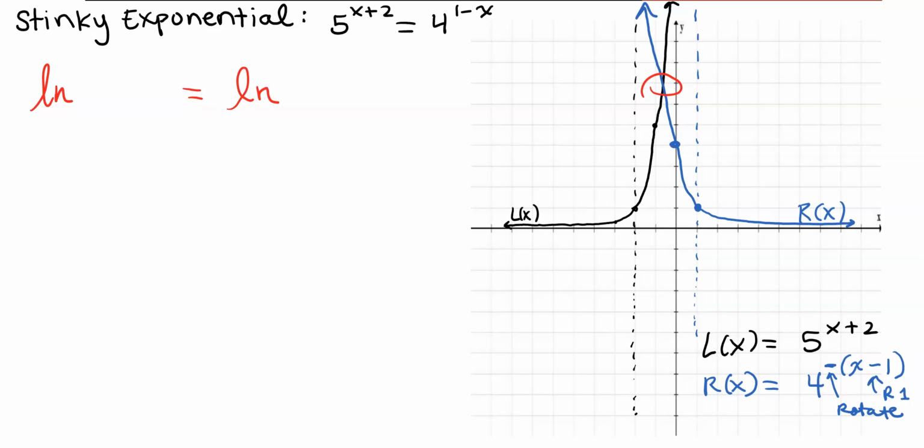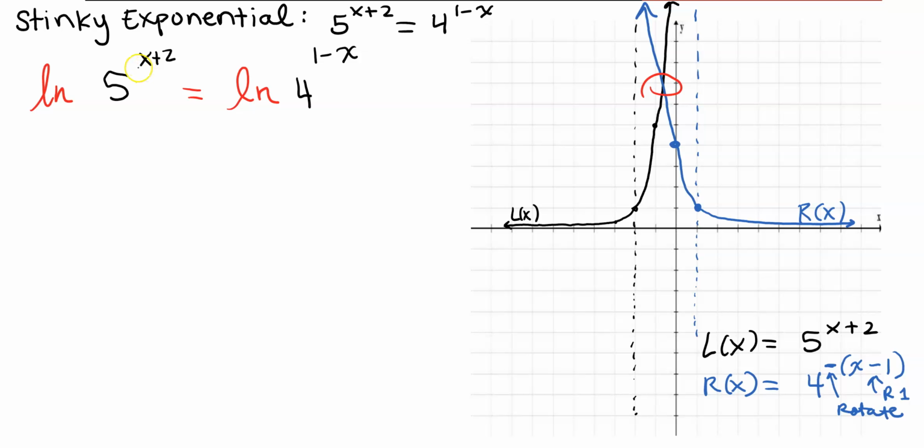Okay, and when I do that, I would have ln of 5 to the x plus 2, and then ln of 4 to the 1 minus x. Now, why did I use ln? What was my rationale? I just know that I can use my calculator to do an approximation when I have ln or common log base 10. So I'm going to use ln just because I can use a calculator.